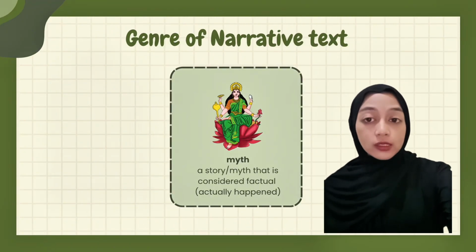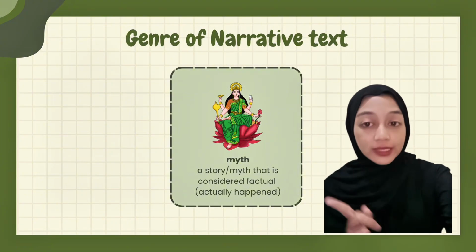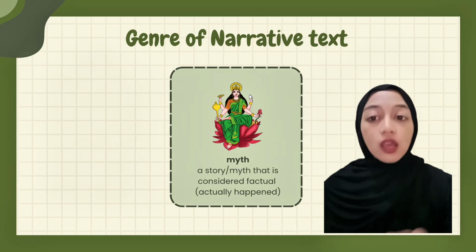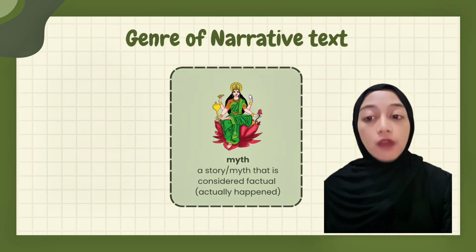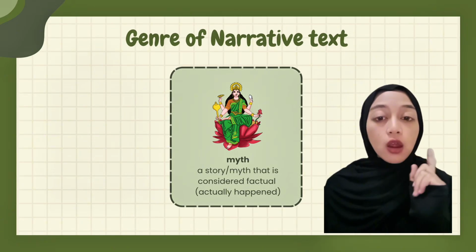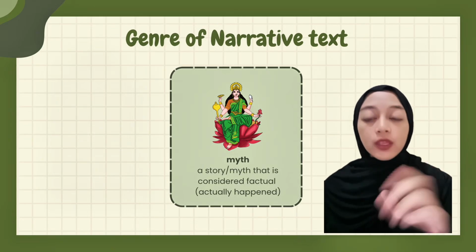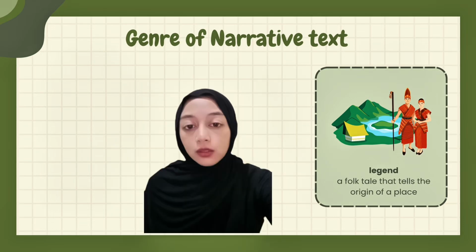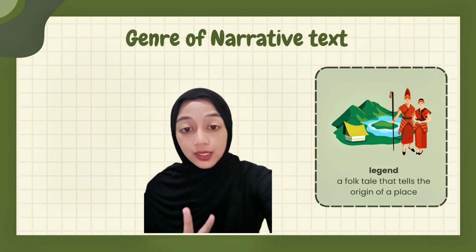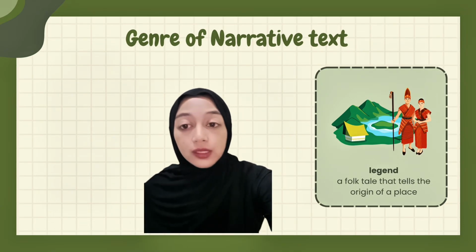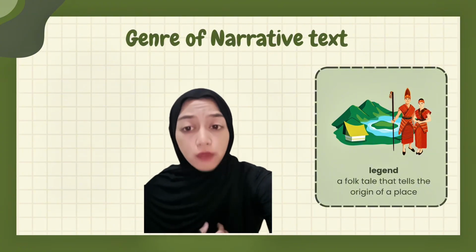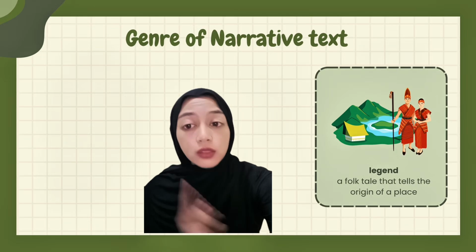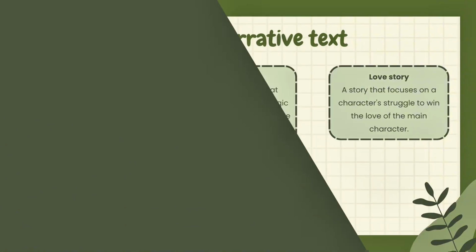These are stories that are widely spread among the community and are generally considered to be factual or unfactual. For example, Nyi Roro Kidul. And third, legends, folk tales that tell the origins of a place. For example, the story of Lake Toba.